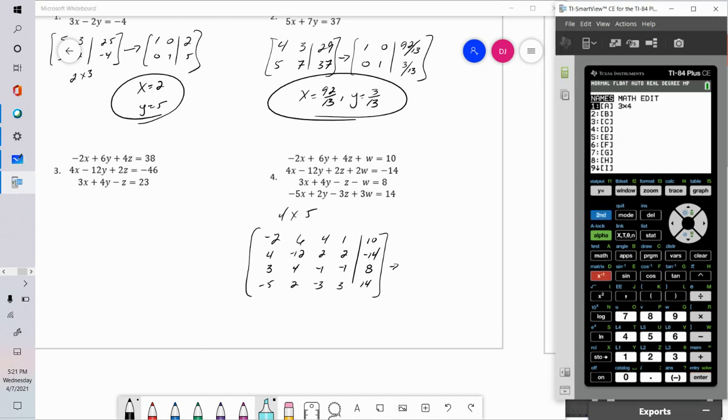Second matrix, then I go to my calculator. Edit. I'm going to use matrix A again.